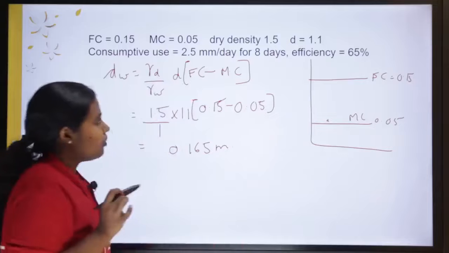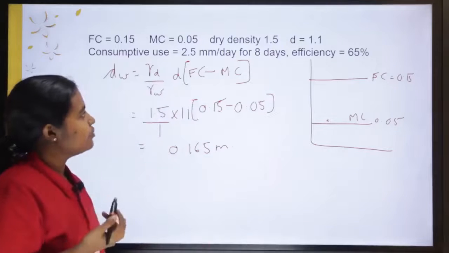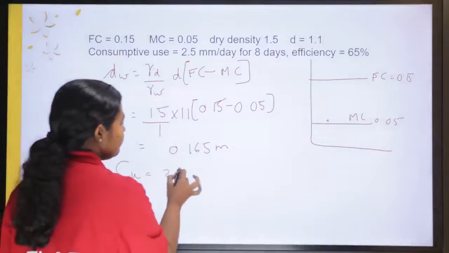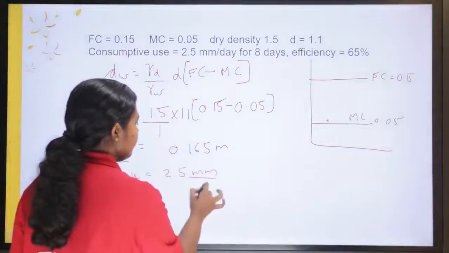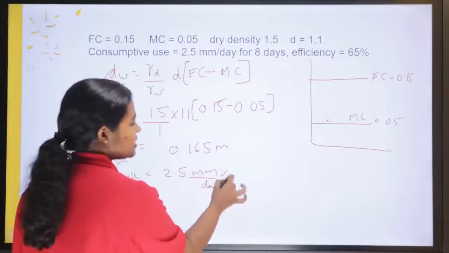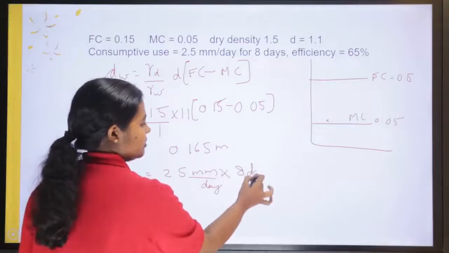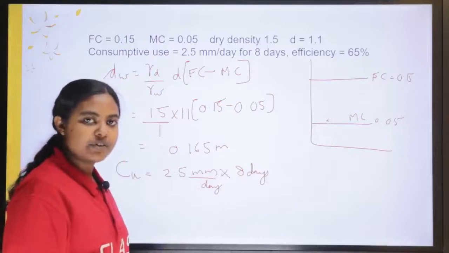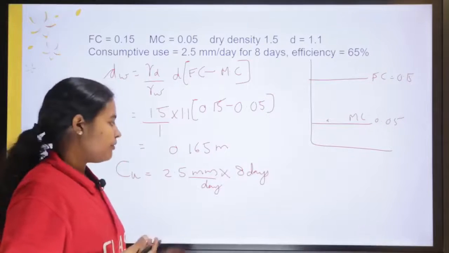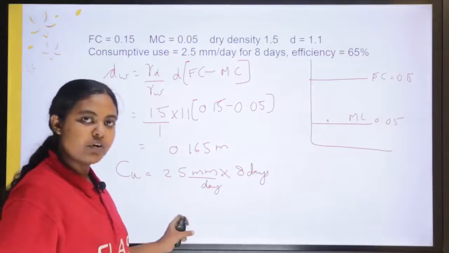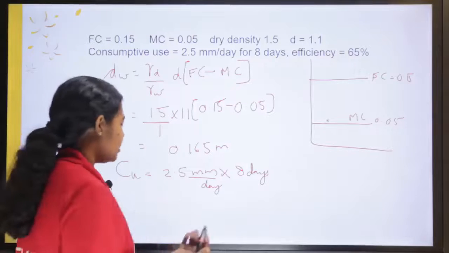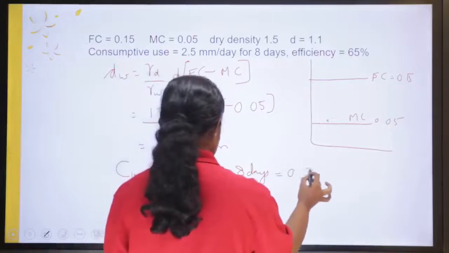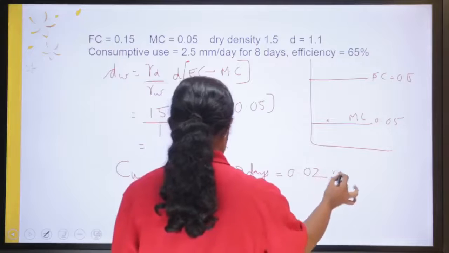Now also the consumptive use is given as 2.5 millimeters per day, for 8 days. For 1 day it is using 2.5 millimeters, so the total consumptive use will come out to be 0.02 meters.